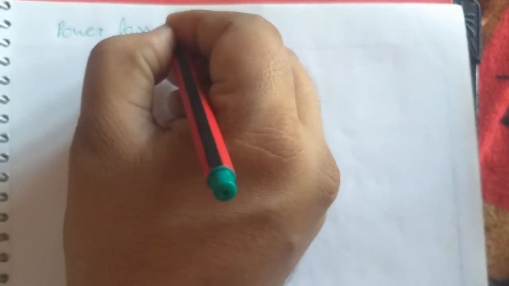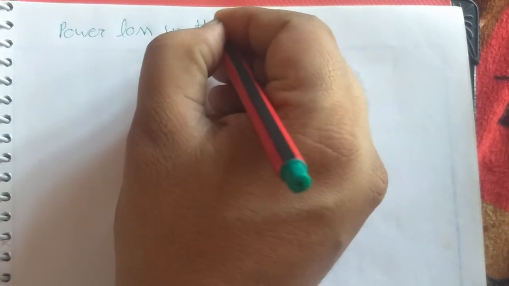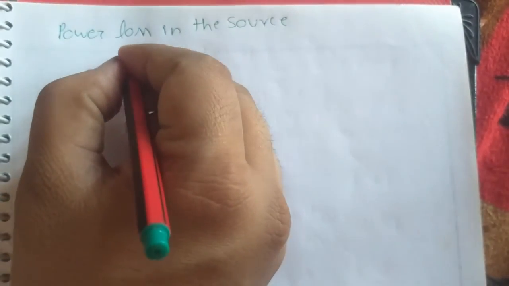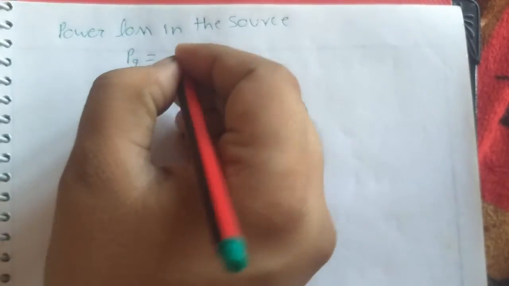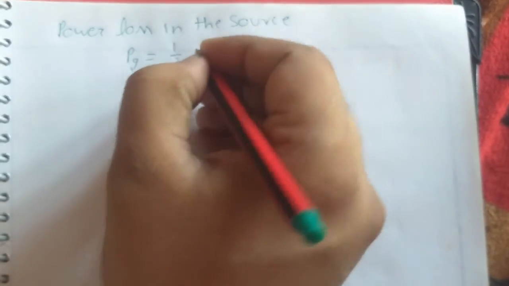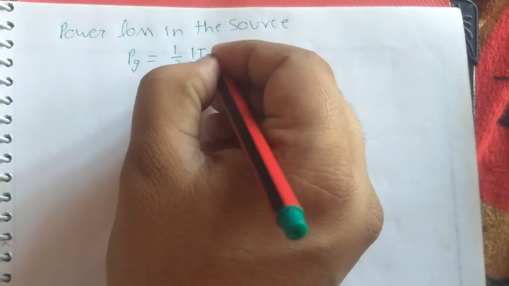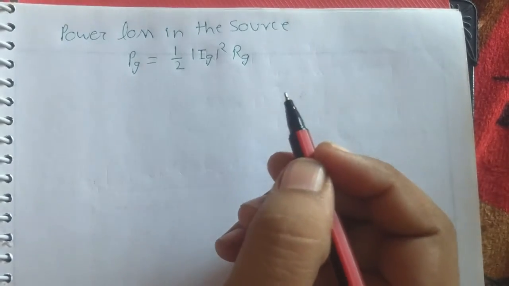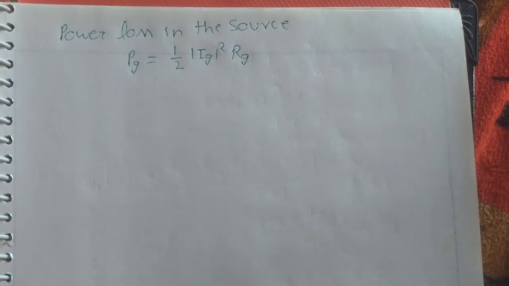Power loss in the source, Pg equal to half mod of Ig square into Rg. This is the power loss in the source.